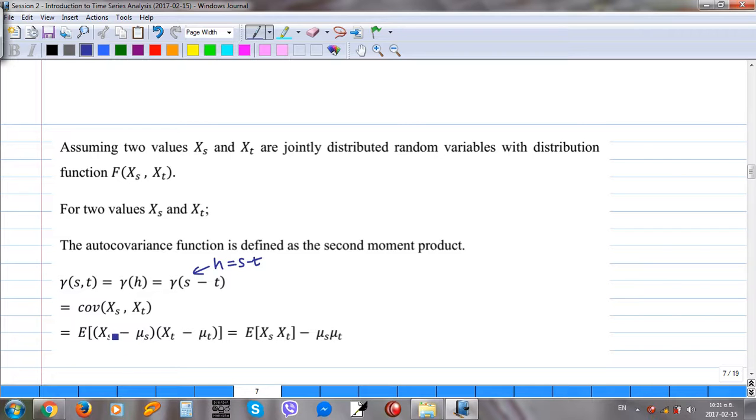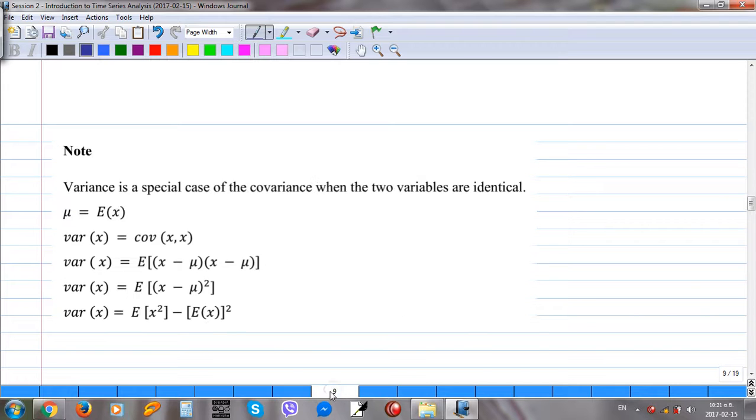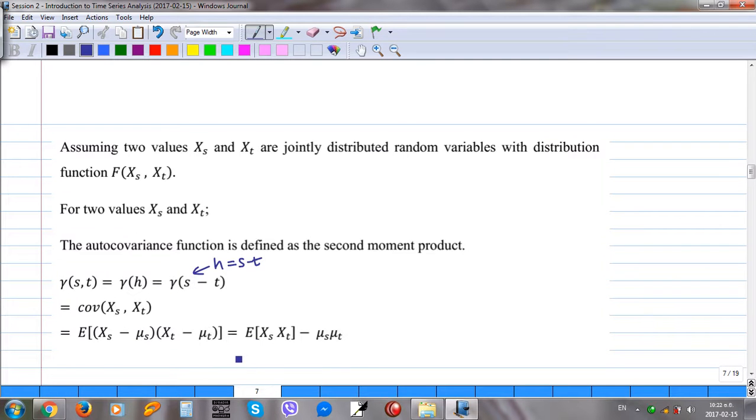You know that to find the variance, if it is given, we can use this equation. So the covariance can be written as the expectation of x s minus mu s times x t minus mu t, where mu s and mu t are the means of these processes.